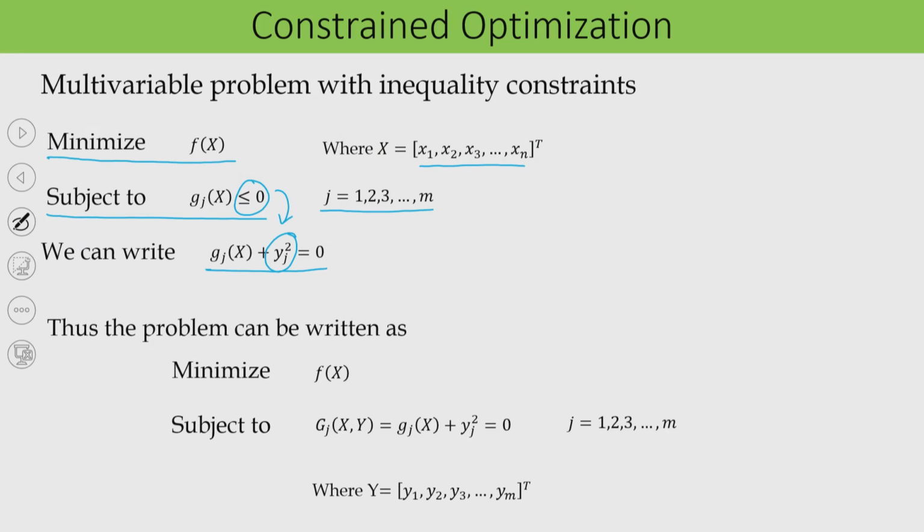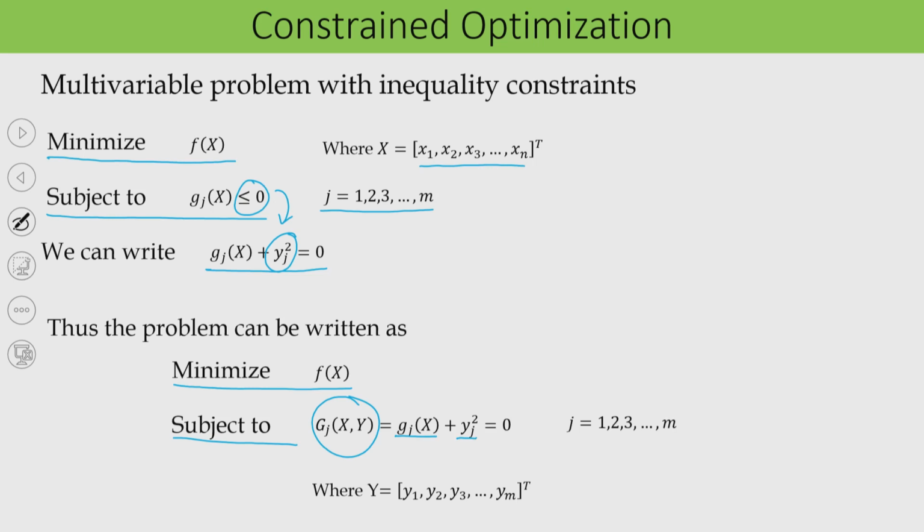If we use this y_j variable here, this is a minimization problem: minimization of f(x) subject to, now I am putting this as capital Z_j(x, y). Capital Z is a function of x and y, which is equal to small g(x) plus y_j square equal to 0.